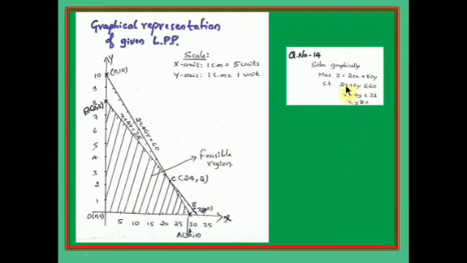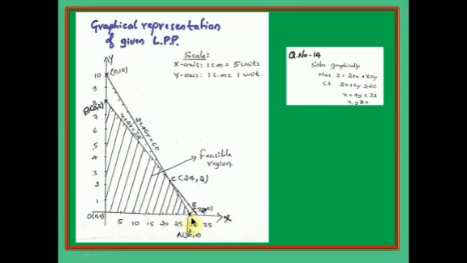After that, x equal to 0 means what will it be? Y is equal to 10. Correct? So x equal to 0 and y equal to 10. See, x value is 0 here and y value is 10. Then if you put y equal to 0, what will be the x value? It will be 30. Correct? That 30 is taken on the x axis because x equal to 30.